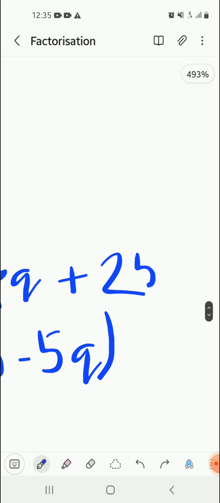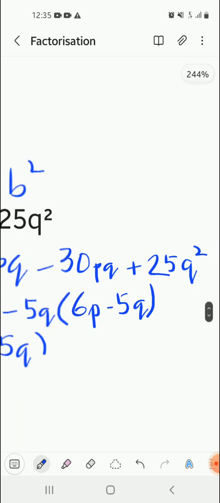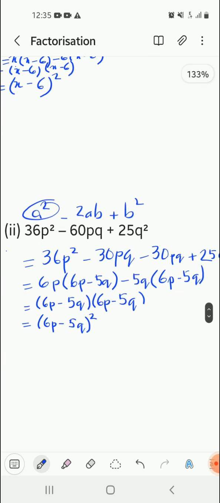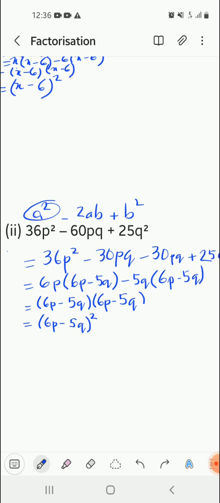So 25q square. You see, we've got it very simply. Otherwise, we would have to find the factors, or first multiply these two and then find the factors and then simplify the middle term, which would have taken more time. So this is really simple.